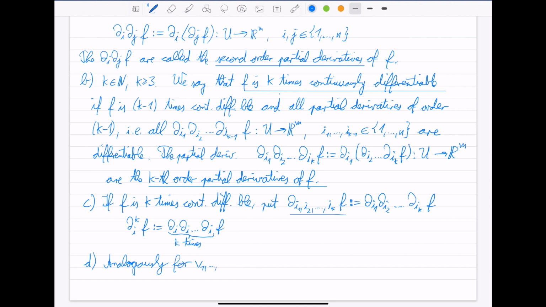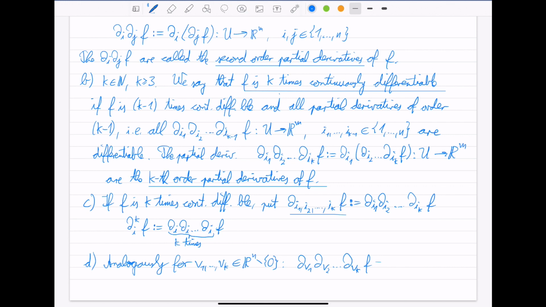So analogously, if we take v1 to vk, some vectors in R^n which are non-zero, then we define d_{v1}, d_{v2}, and so on to d_{vk} f, defined in the same way.